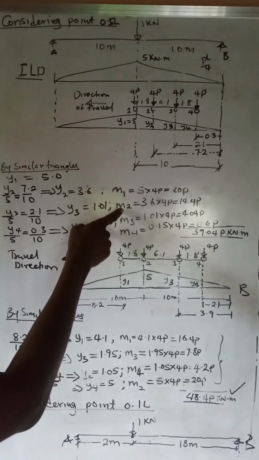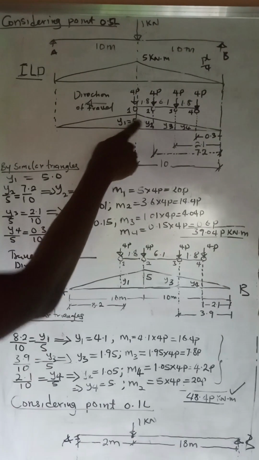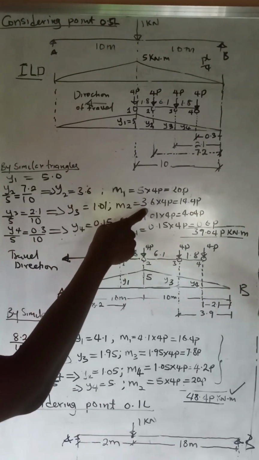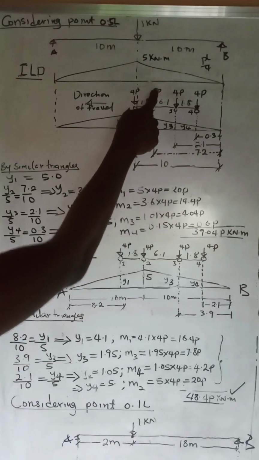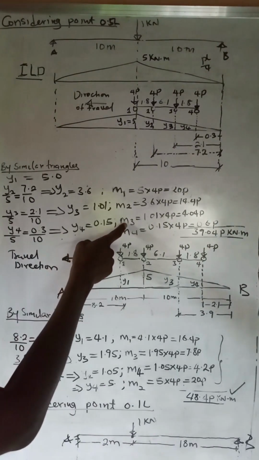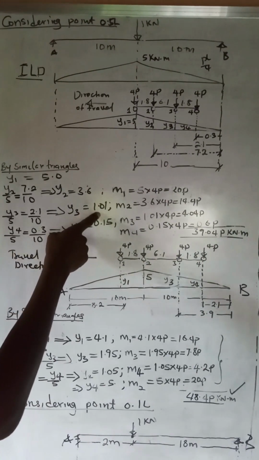The second is the second axle. The ordinate of the second axle is Y2, and from here, we have Y2 to be 3.6. So what it means is that 3.6 times the load on the second axle, which is 4P, gives us 14.4P. Now we'll go to the third axle. We have the ordinate Y3 to be 1.01.